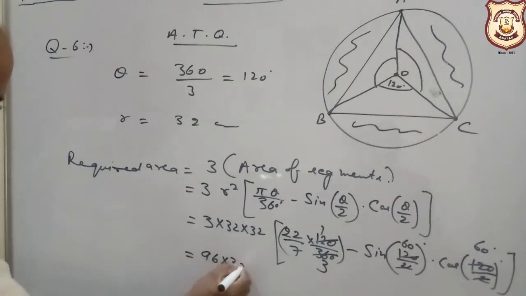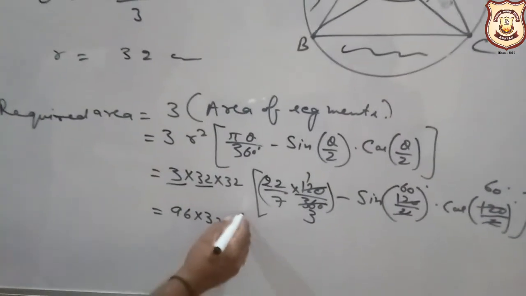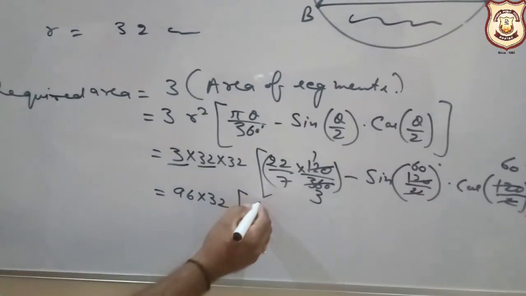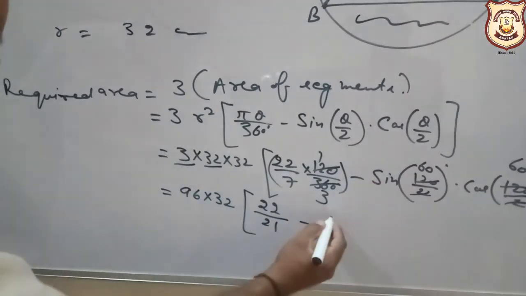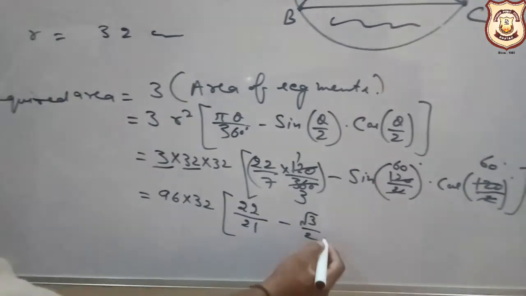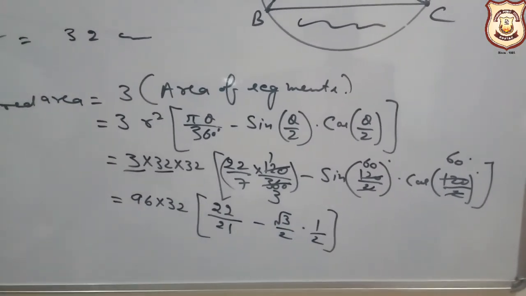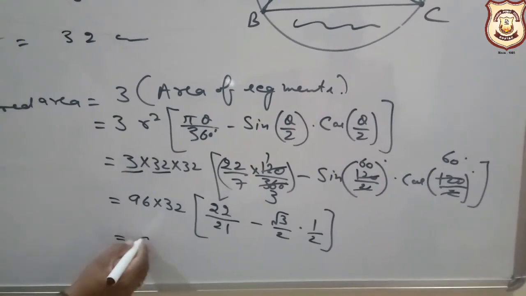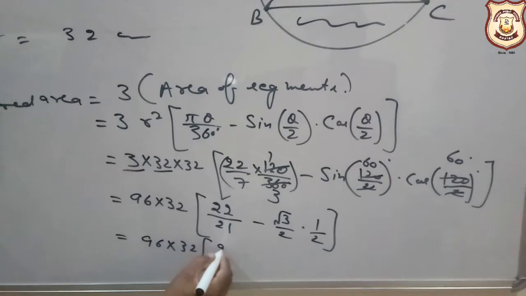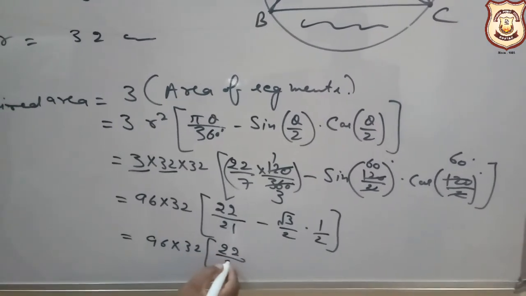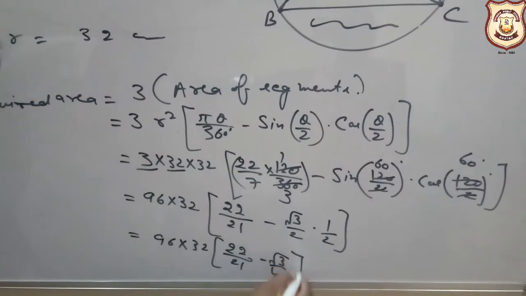We get 96 into 32, because 32 times 3 is 96, bracket 22 upon 21, sin 60 is root 3 by 2, cos 60 is 1 by 2. Do like this. 96 into 32, 22 by 21 minus root 3 by 4.